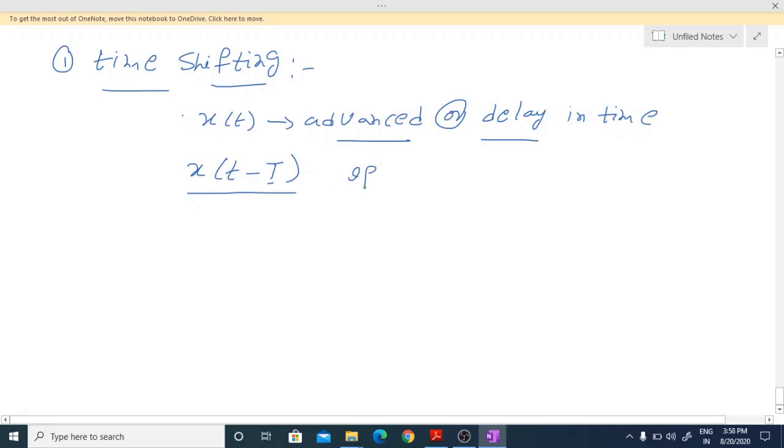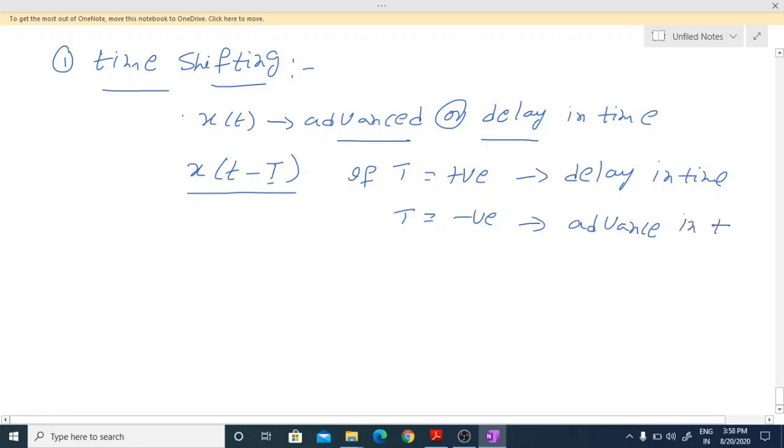So if the capital T is positive, then we get a delayed signal. If T is negative, we get an advanced signal. What is meant by delay and advance?